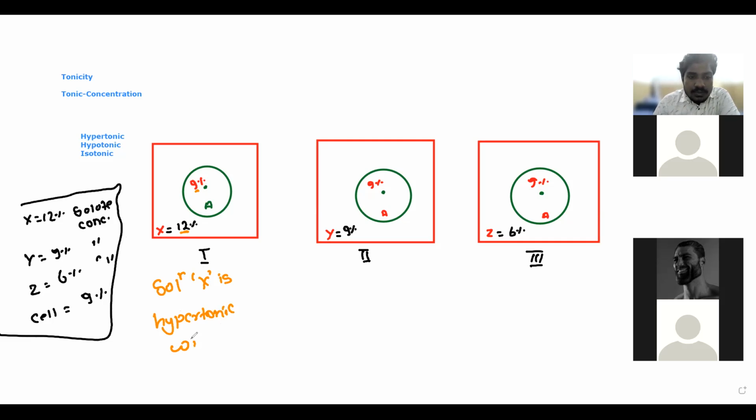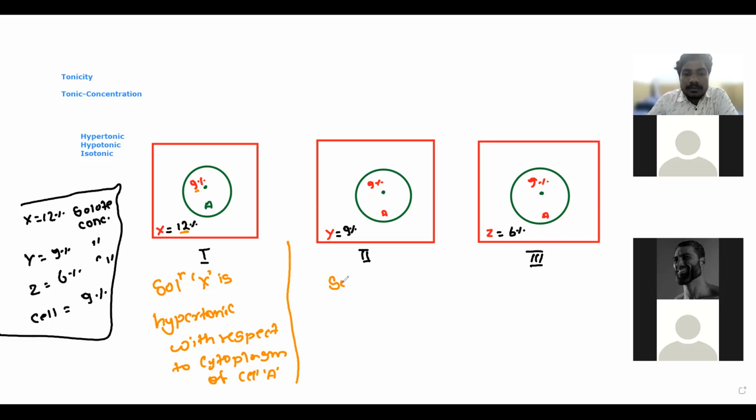Hypertonic with respect to the cytoplasm of cell A. Same for the others.